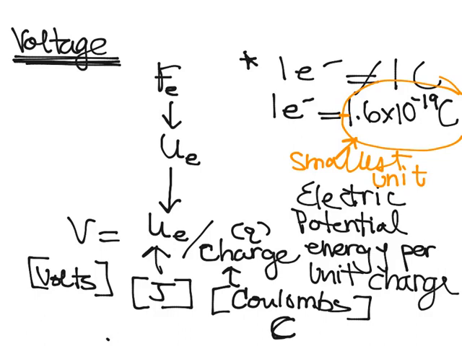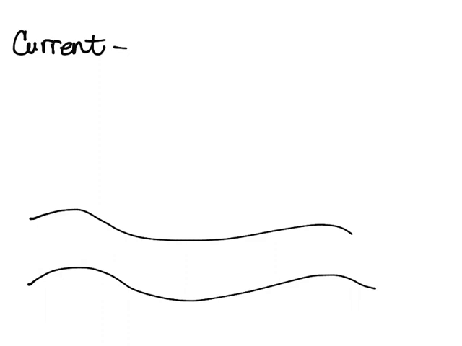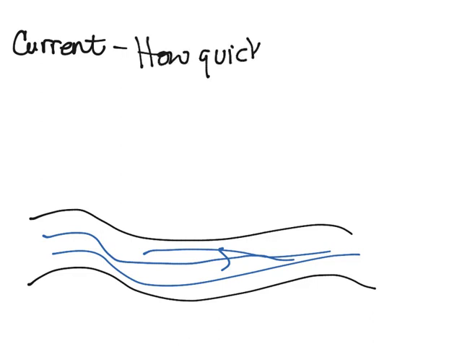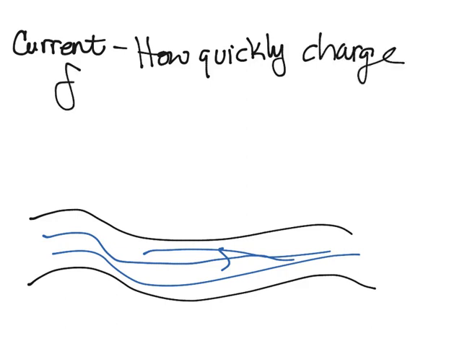Alright, the other things I said I was going to talk about are current, resistance, and power. If you think about current in terms of the current of a river, you think about how fast water is flowing through the river. Current in a circuit is basically the same idea. It's how quickly charge flows through a circuit.